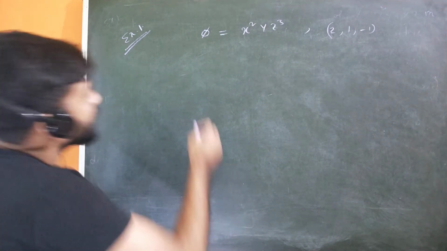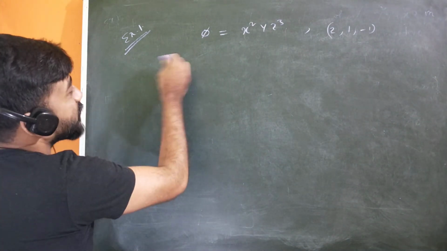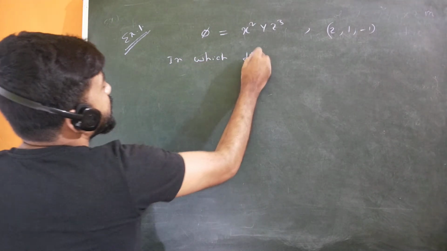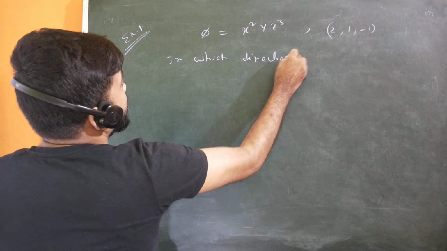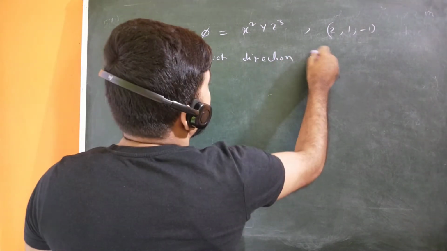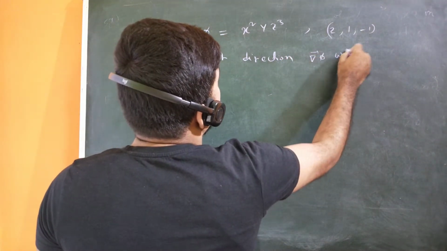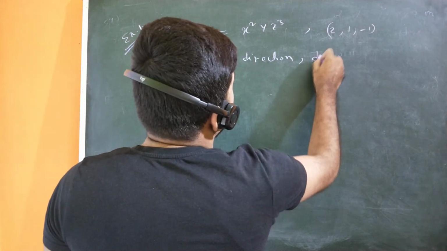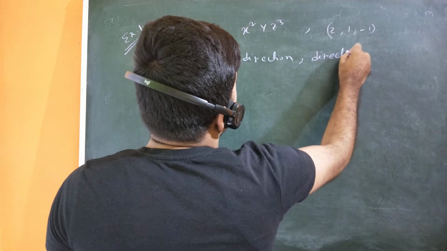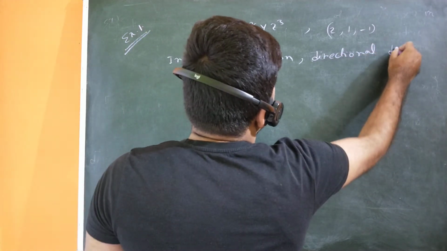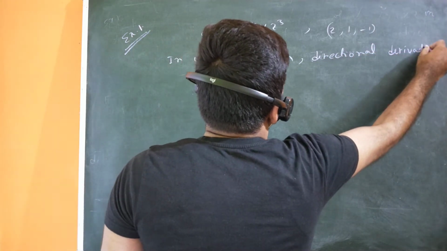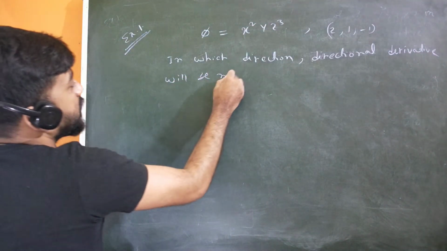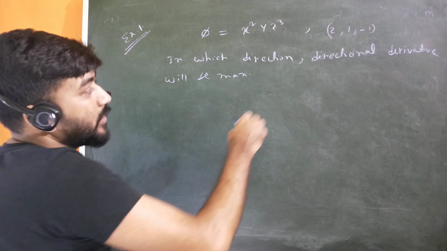So we know it is in the direction of grad φ. So we have to find out in which direction the directional derivative will be maximum, and what is its maximum value.